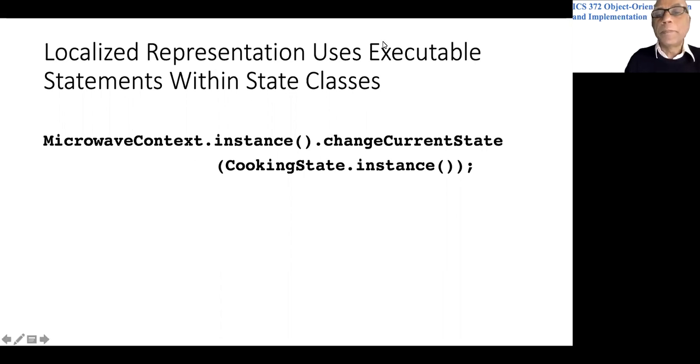So, for example, the cooking state has this instance, cooking state dot instance. So you could say microwave context dot instance, that is a microwave context object, ask it to change the current state to cooking state.